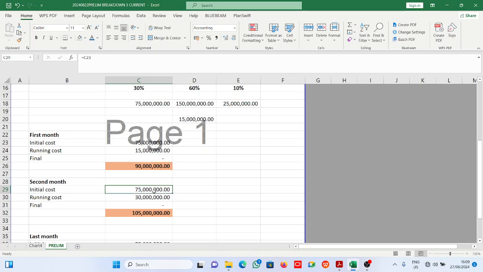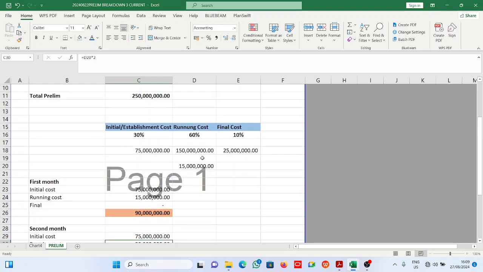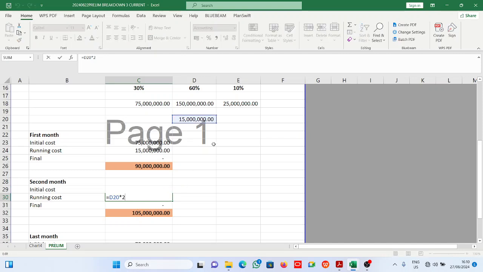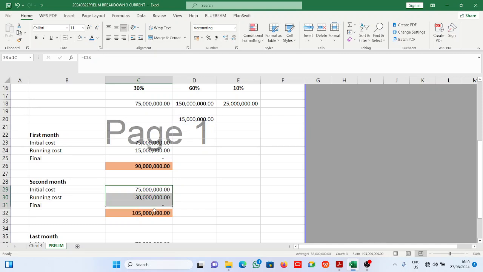Valuations are cumulative. That is why you see 75 million here again in the second month. Now the running cost is 30 million, and the question is, how is it 30 million? 15 million for the first month, then 15 million for the second month. That is why you have 30 million. You see here, this is this times 2 for the second month. So if I sum it, you will have 105 million.